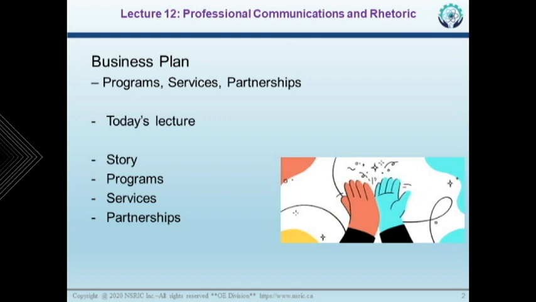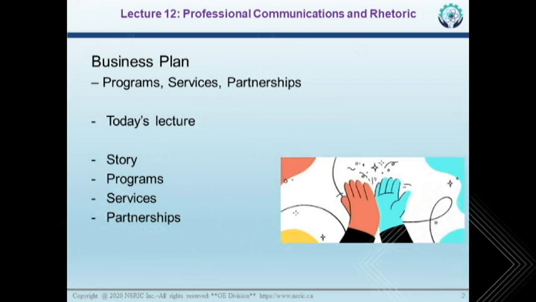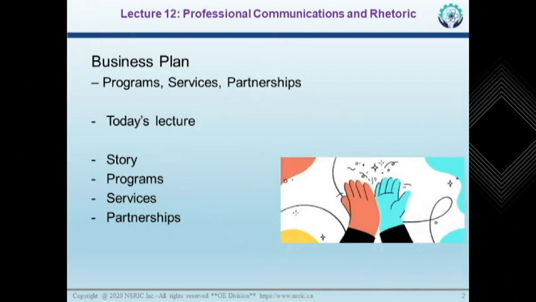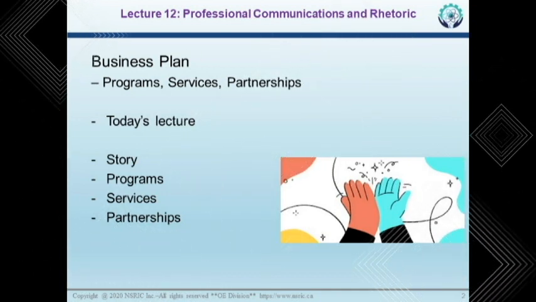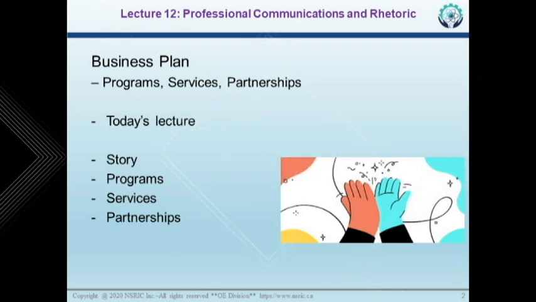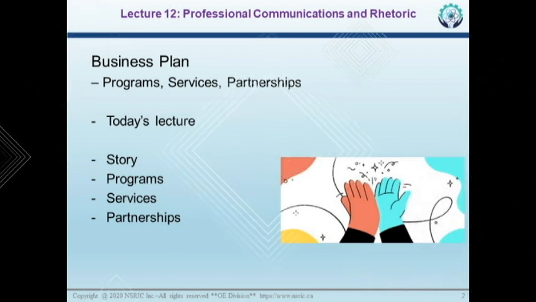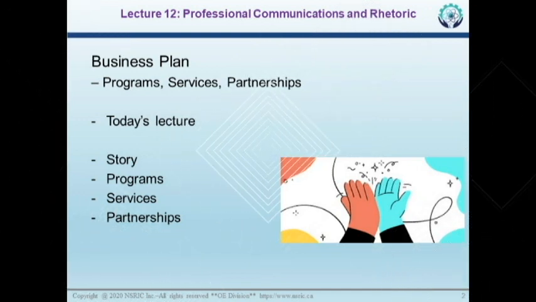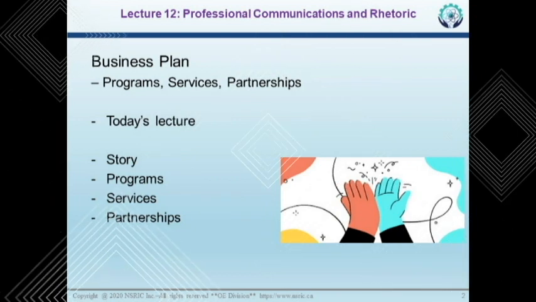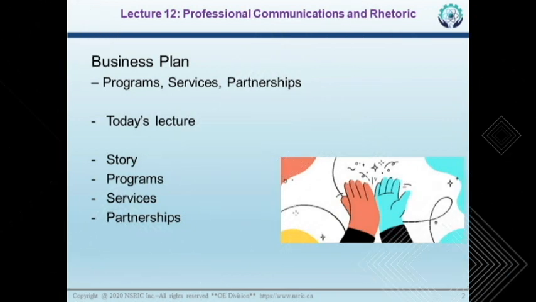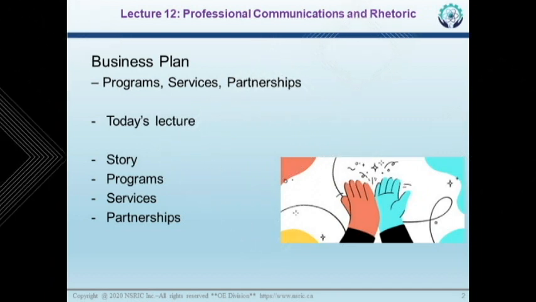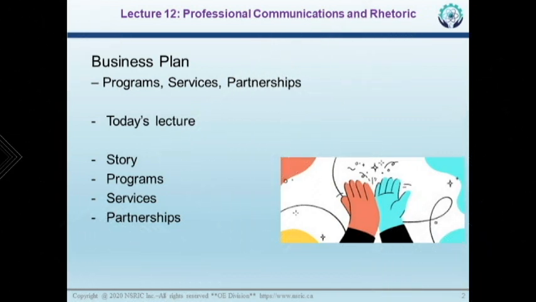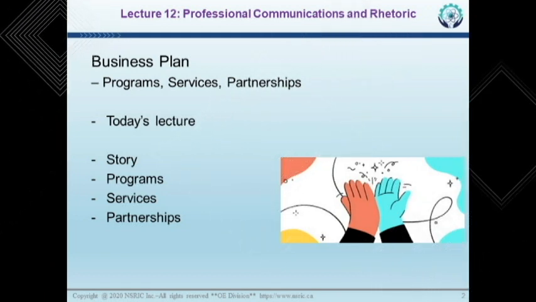So, as always, I'd like to begin with exploring a little bit of what these aspects are through a story, and then we will dive into the areas of programs, services, and partnerships. And one organization that highlights the importance of the program section of a business plan is the Children's Aid Society of New York City. This organization has been serving children and families in New York City since 1853, so they have a huge legacy within the city.